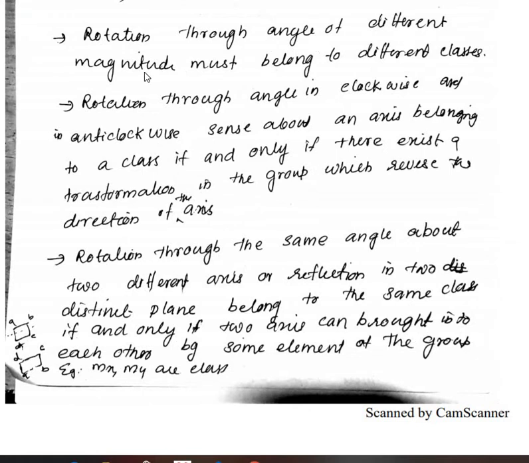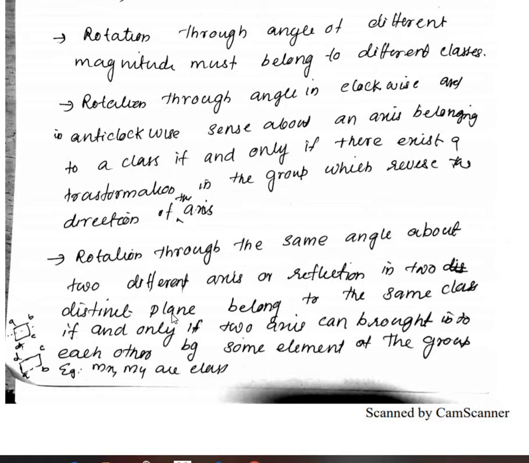Rotations through angles of different magnitude must belong to different classes. For example, C4 and C4 square: one is rotation through 90 degrees, the other is rotation through 180 degrees, so they will never form a class. Rotation through an angle in the clockwise and anti-clockwise sense about an axis belong to a class if and only if there exists a transformation in the group which reverses the direction of the axis.